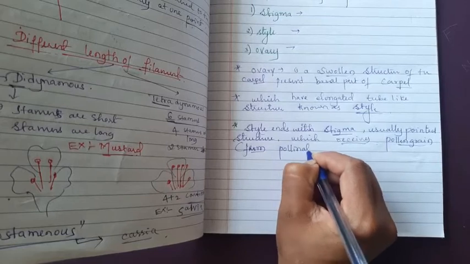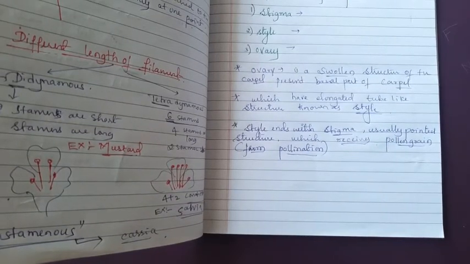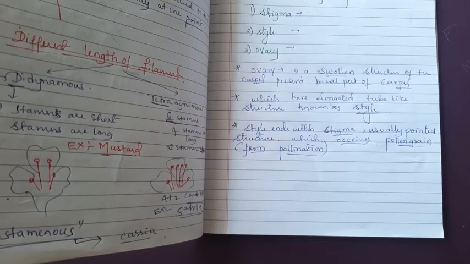Pollination means the process of transfer of pollen grains from the anther to the stigma. Stigma is somewhat sticky in nature, it will receive the pollen grains. Sticky nature irtada, pollen grains na receive ಮಾಡ್ಕೊಳ್ಳಿ.